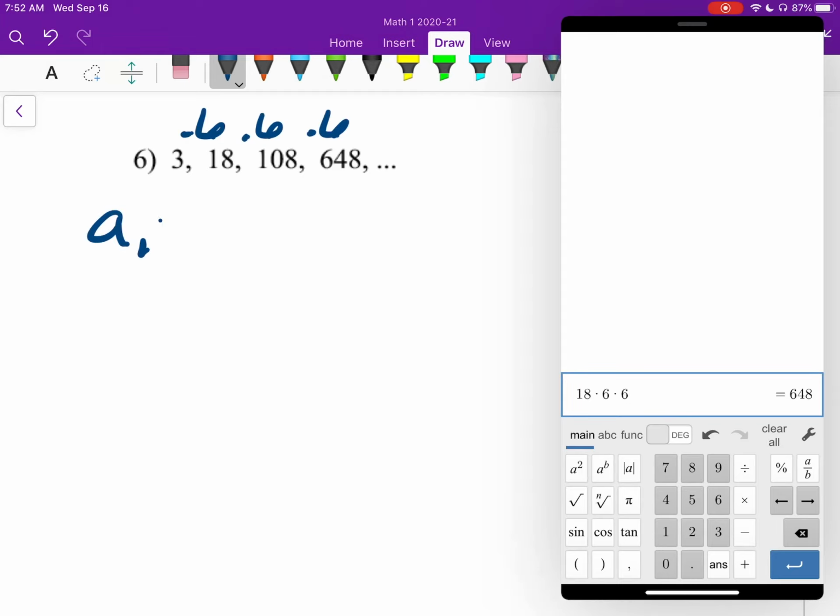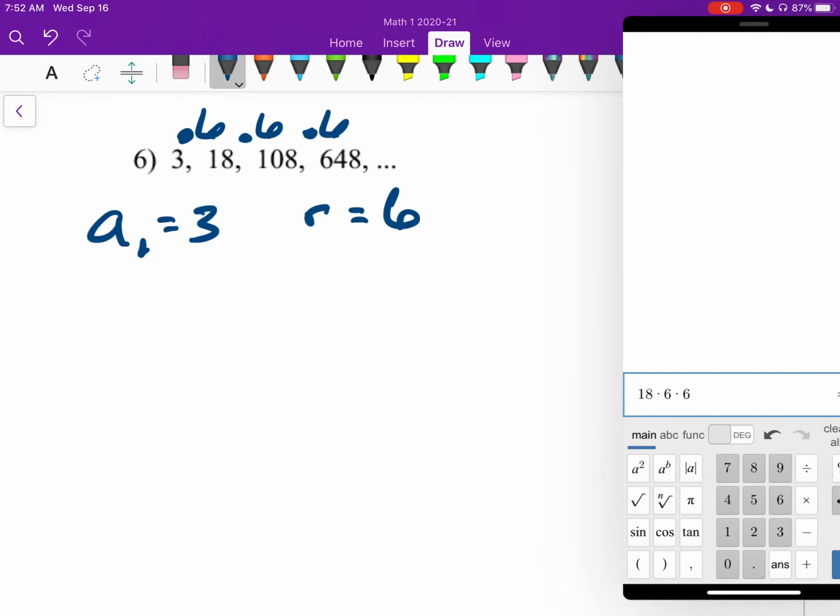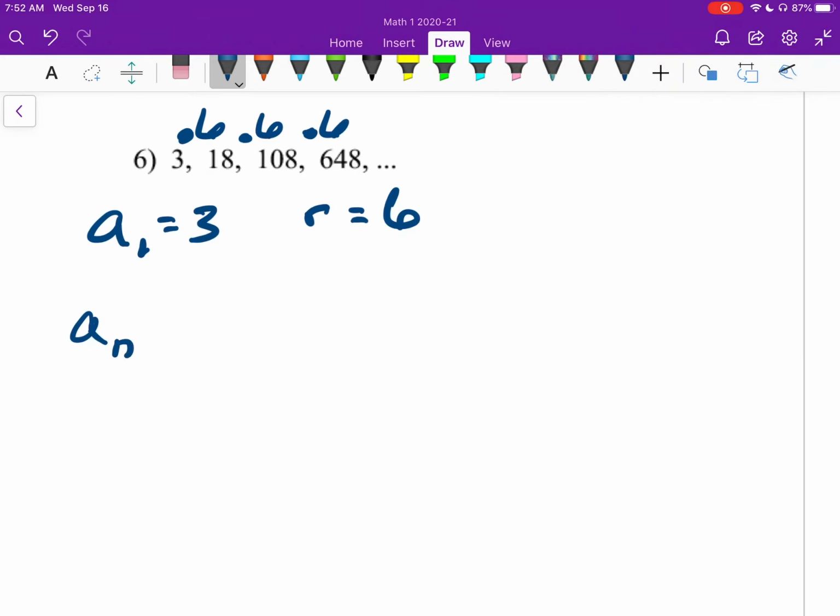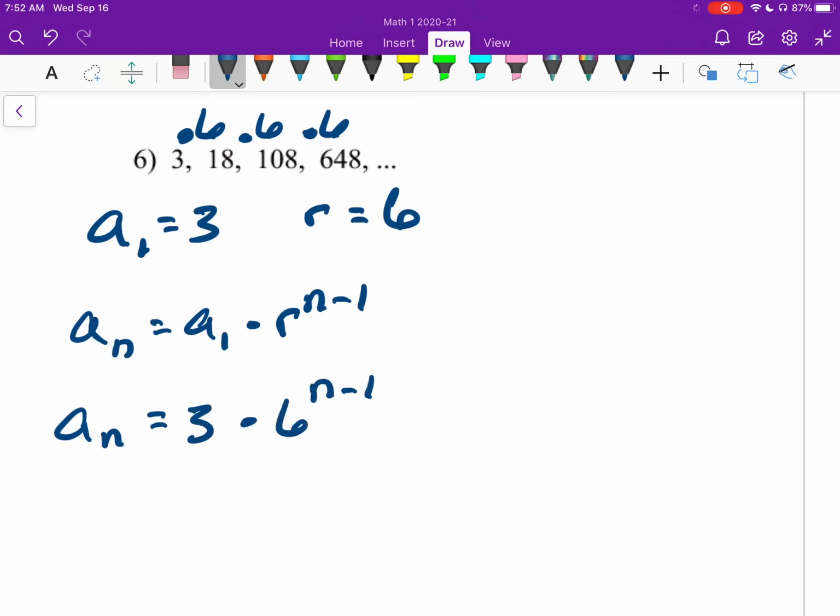So A1 is 3 and R is positive 6. These are dots for multiplication. So our formula, I'm just going to fill in. We get A sub n equals 3 times 6 to the n minus 1.